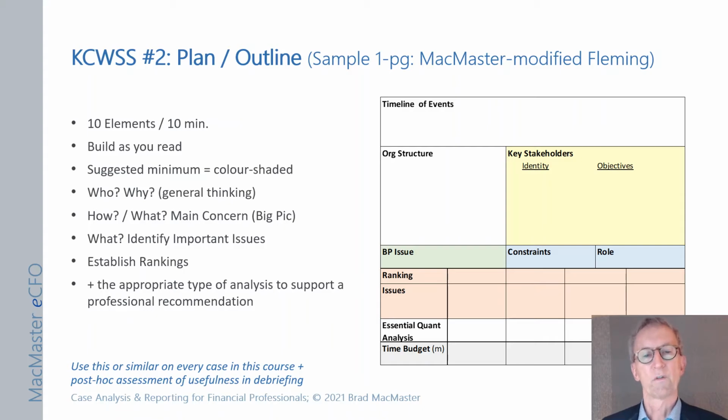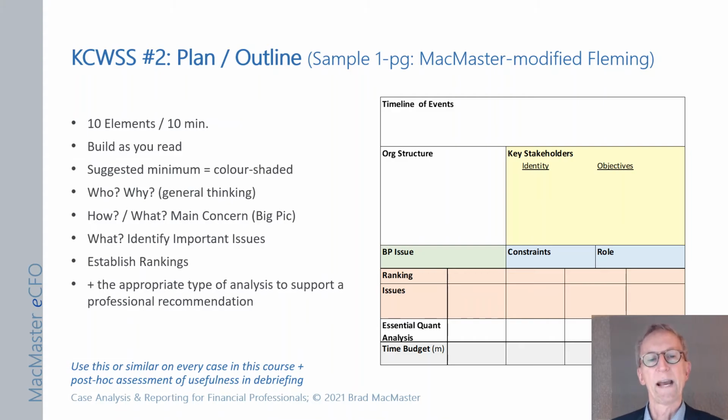If you want to use this format in our financial accounting course, then the 4 issues are likely going to be related to financial accounting, reporting, disclosure, presentation, and measurement. The issues each need to be ranked in terms of importance, and the importance is effectively the potential impact that you perceive in the beginning on the main concern.